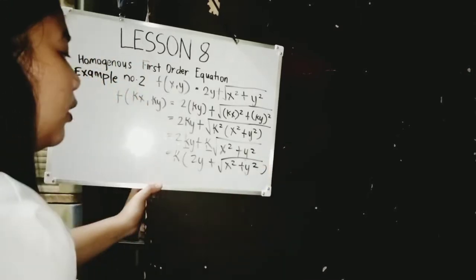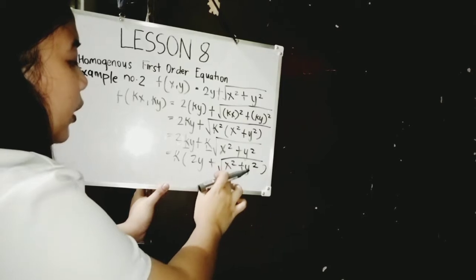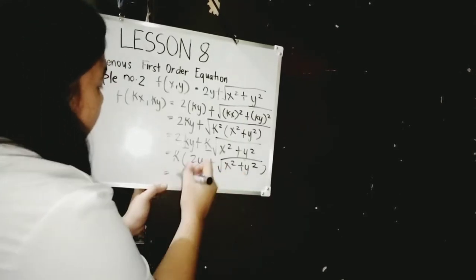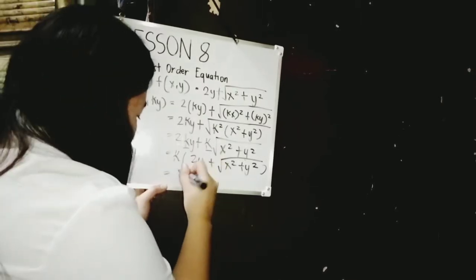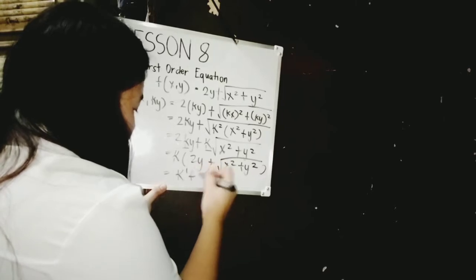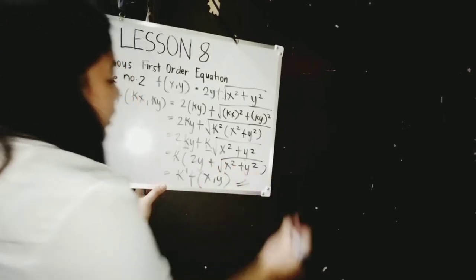So, nakita ulit natin, ito na yung equation natin, which is 2y plus square root of x squared plus y squared. So, ang mangyayari, magiging k, which is degree 1, f, x, and y. So, this is the answer.